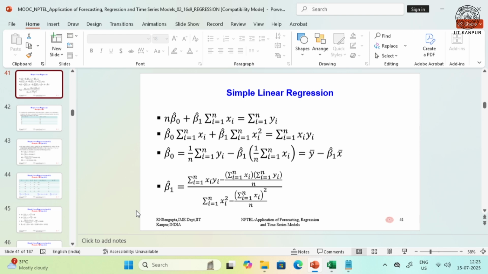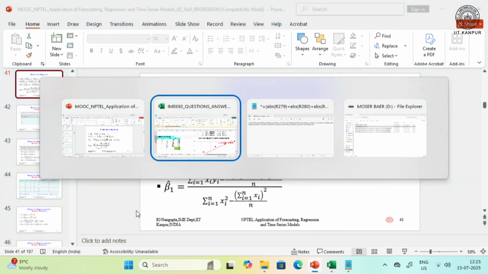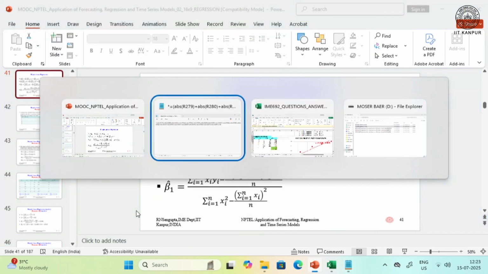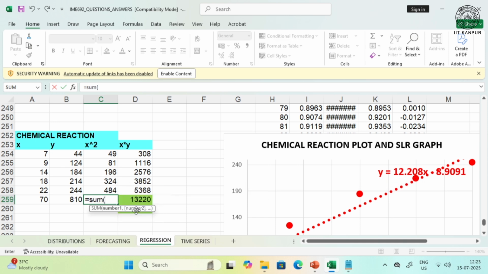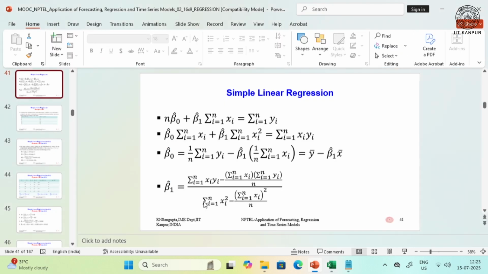In the denominator of beta 1, you have the summation of xi square. So, the summation of xi square is this. There are 5 values, so I am double checking, and there is no error. That will also be green, because we are utilizing it.